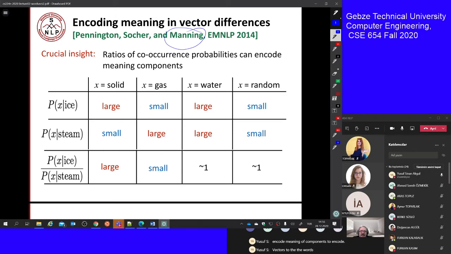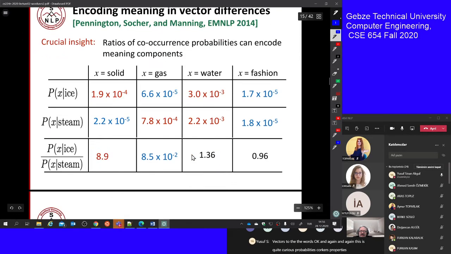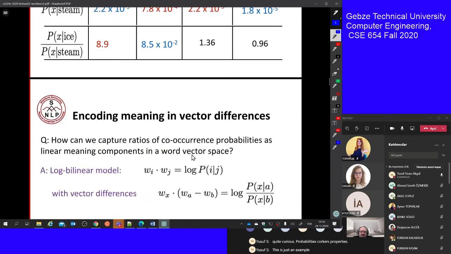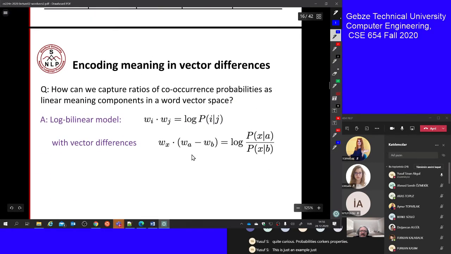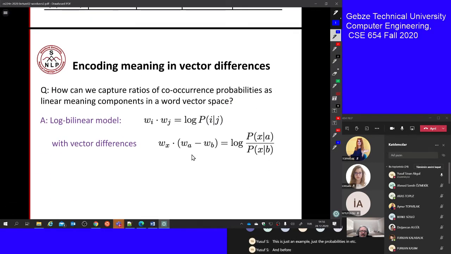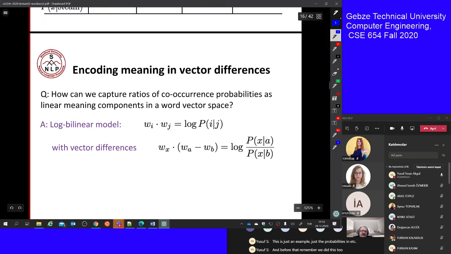Okay, and again, this is co-occurrence probabilities. This is just an example, just the probabilities and so on. And before that, remember we did this to calculate the relationship between two word vectors. Just multiply them using the dot product.